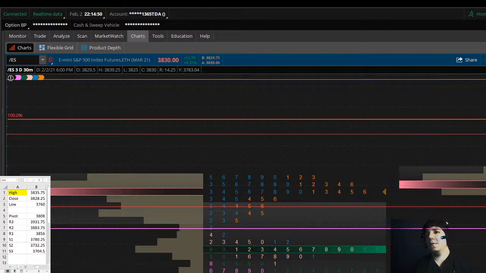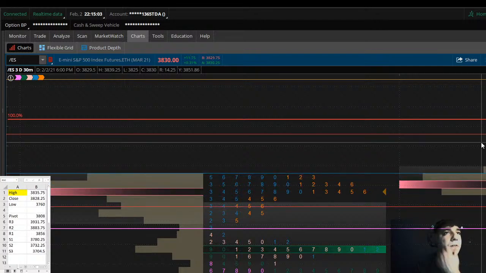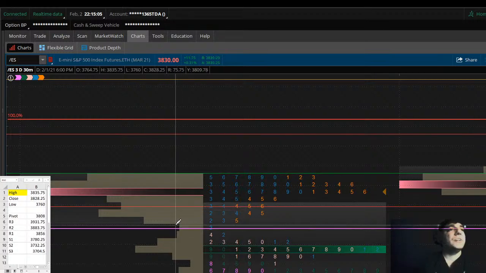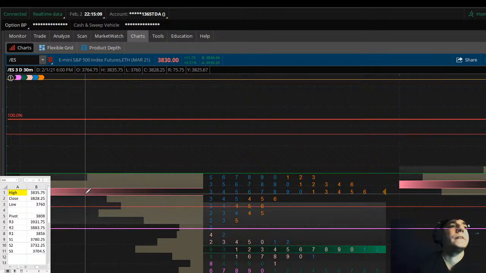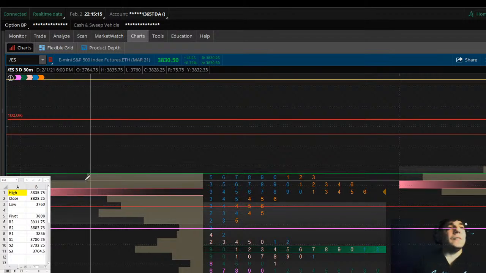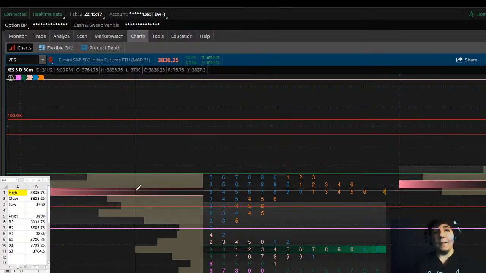All right. So value area high. Activate this. Put that right there. See this shaded box right here? So this is considered the value area. I've talked about this before in other videos, but this is where 70% of the volume on the previous day traded.